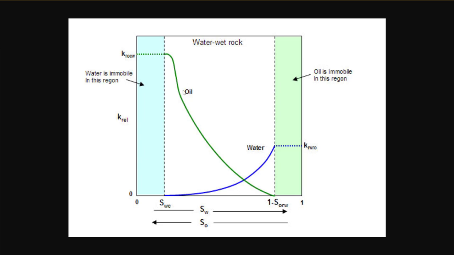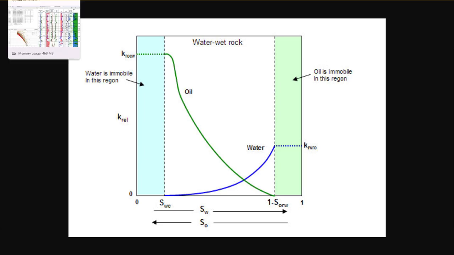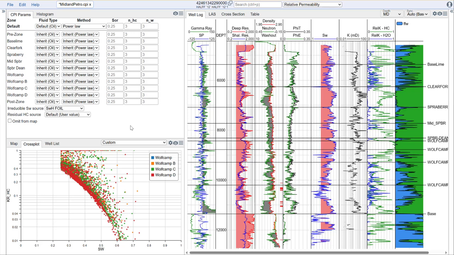And if you have a well-established relationship here, you can actually be predictive. You can say, hey, at 65% water saturation, we should see around a 50% water cut. Now, granted, we often don't have enough resolution to do that, but that is what this diagram is indeed telling us. So let's jump back over to Danomics and talk about relative permeability in Danomics.